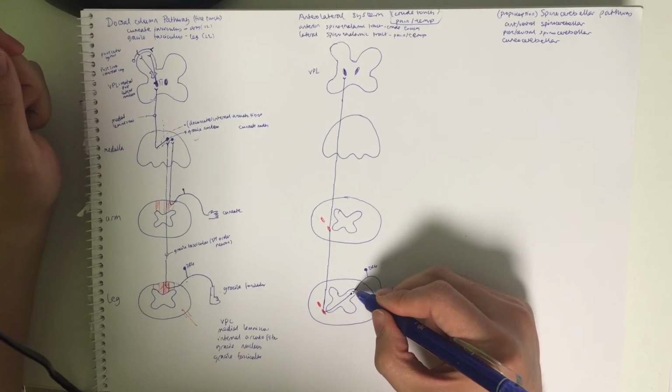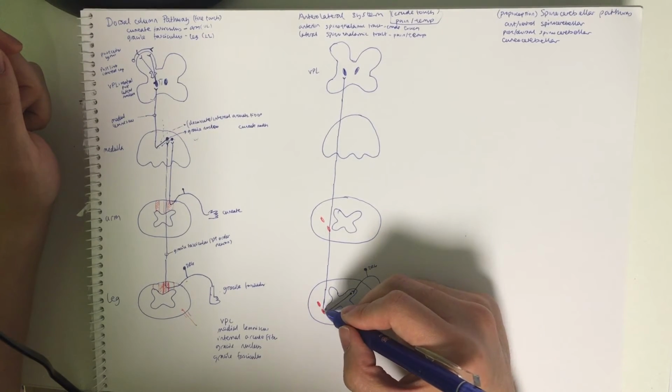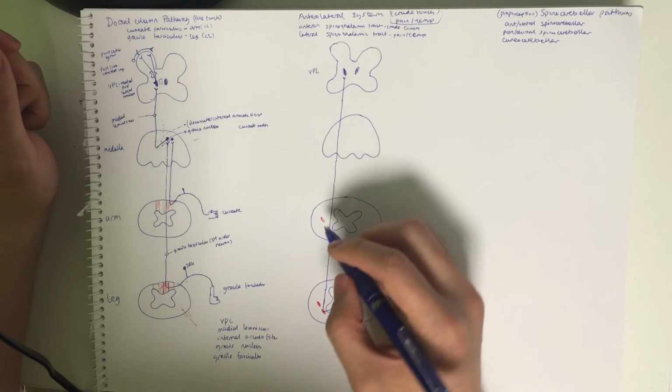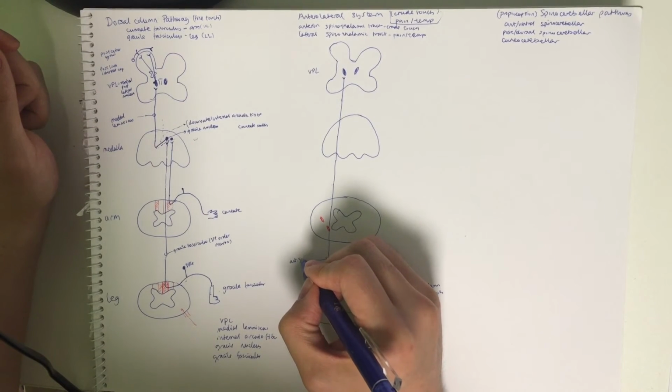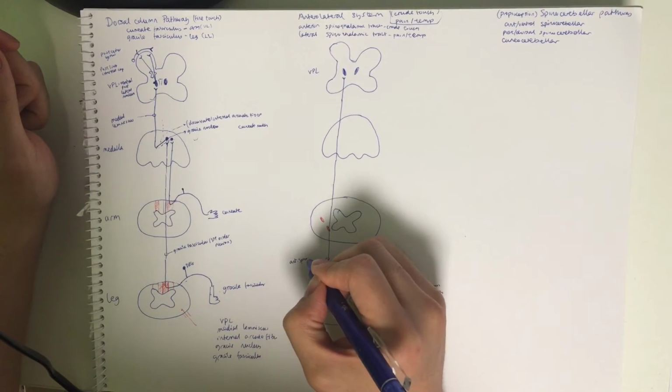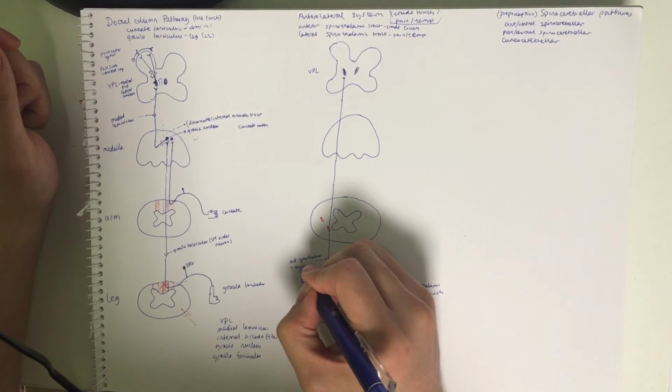First order neuron comes in through the dorsal root, synapses at the dorsal horn, decussates, so crosses over, and ascends up the anterior spinothalamic tract.